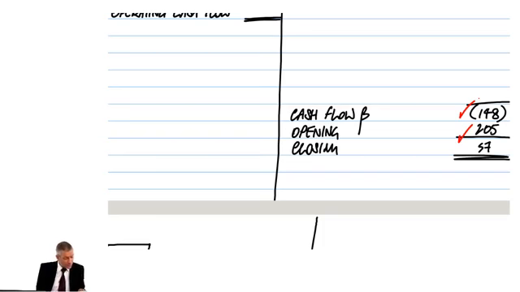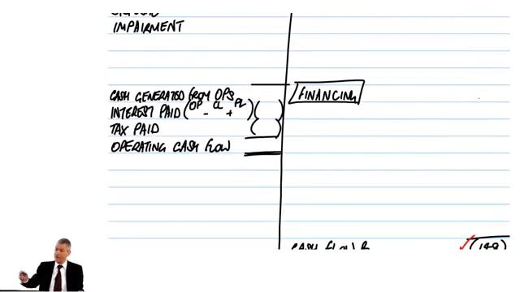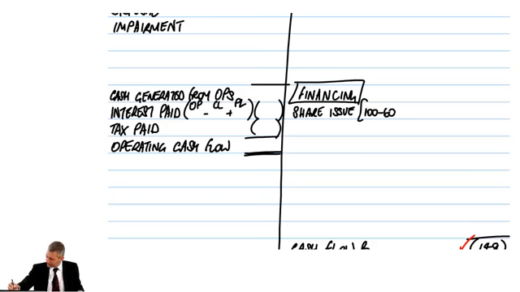Then, as promised, we drop down to the shares, and you can see the shares has gone up. The share capital has gone up. That's because of a share issue. That goes into financing. And I'm going to do an informal working to work out the difference of 40. So the nominal has increased by 40.